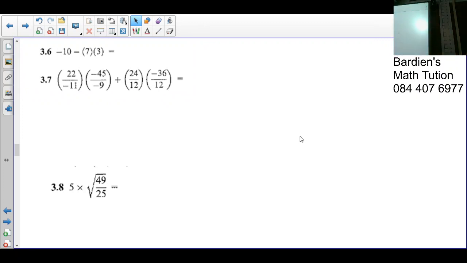So in question 3.6, we are told negative 10 minus 7 times 3.